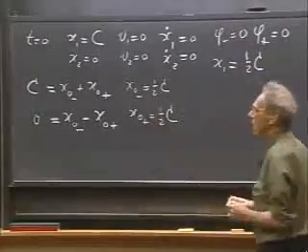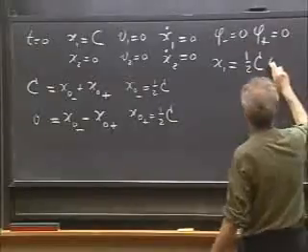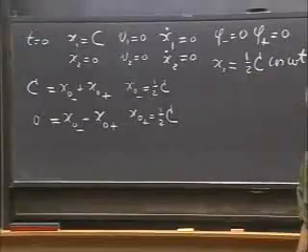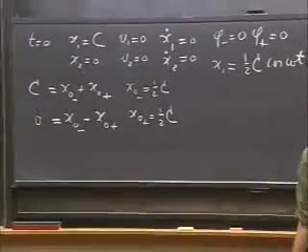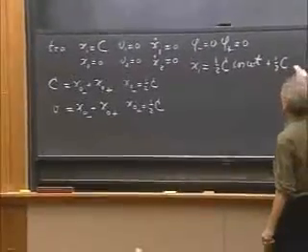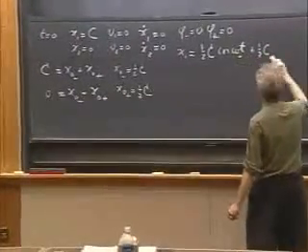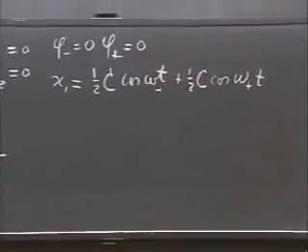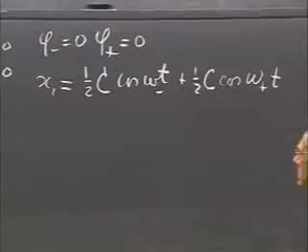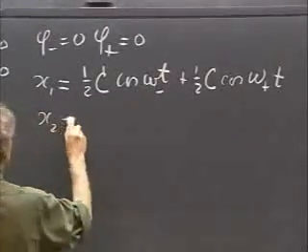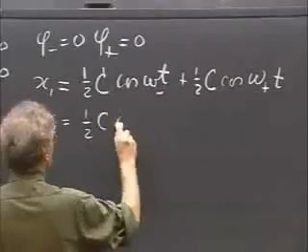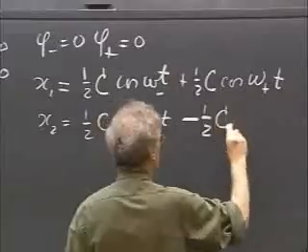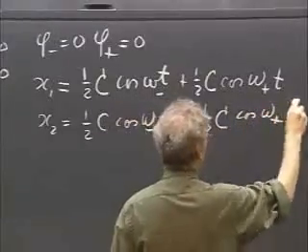Remember, we found that it's 1/2 c times the cosine of omega minus t, because phi is 0, plus 1/2 c times the cosine omega plus t. That is x1. And x2 is 1/2 c times the cosine omega minus t minus 1/2 c times the cosine omega plus t.